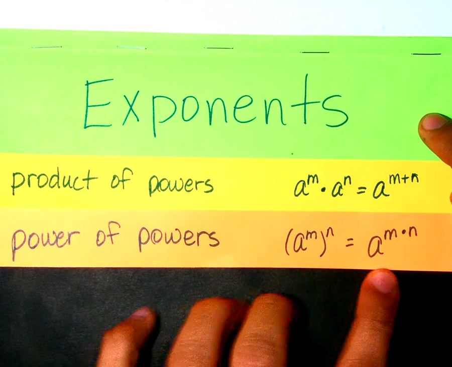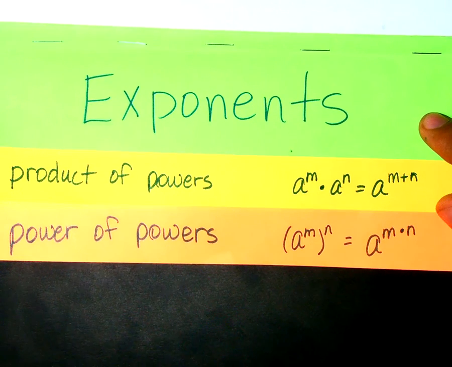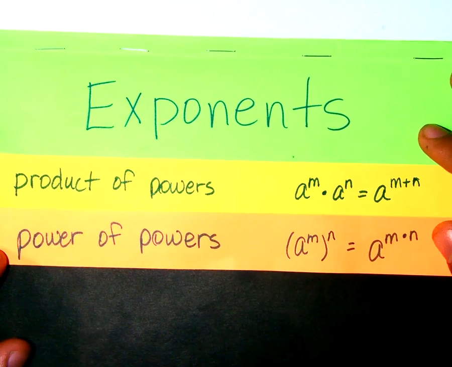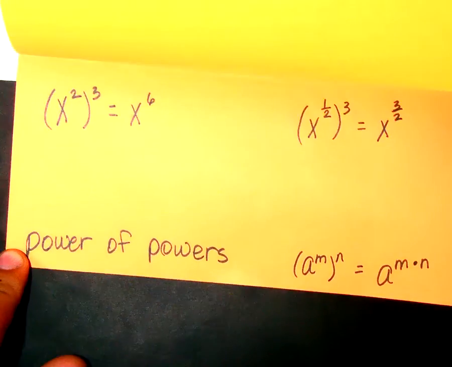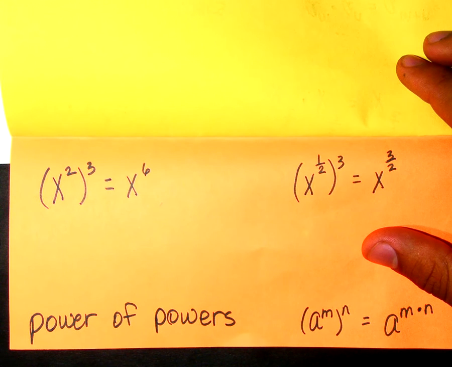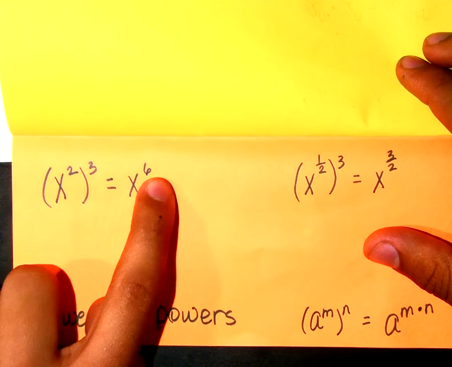So we have a to the m times n. So anytime we take the power of a power, we just multiply the exponents. So for example, if we have x squared to the third power, that's x to the sixth power. So that's 2 times 3, so 2 times 3 will give us our 6.